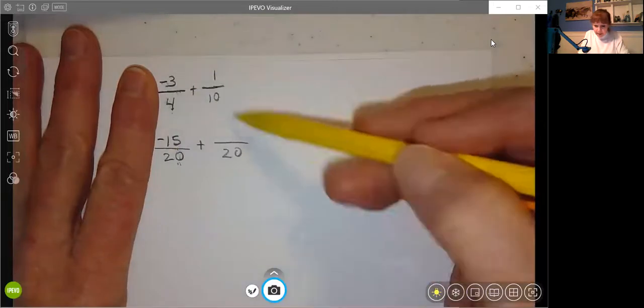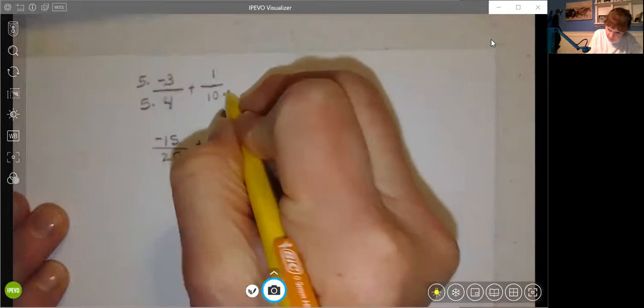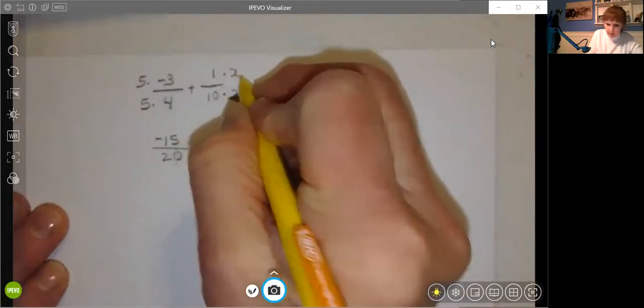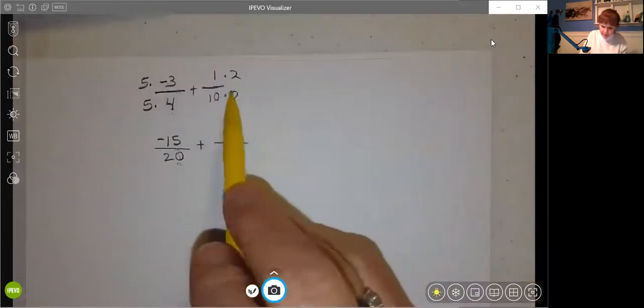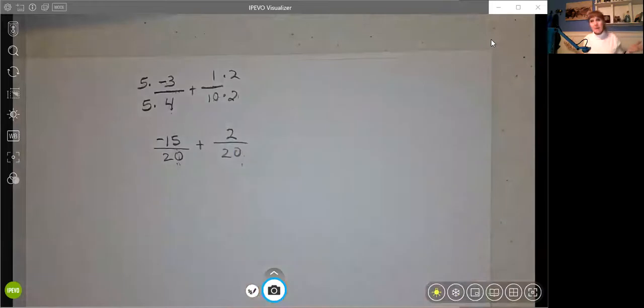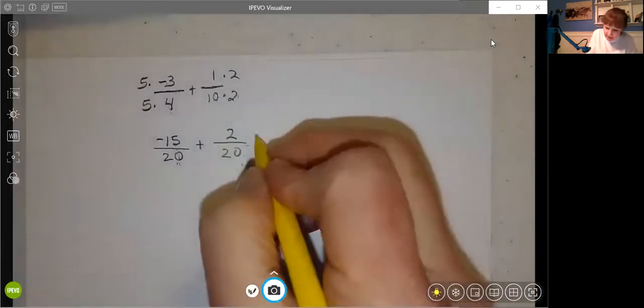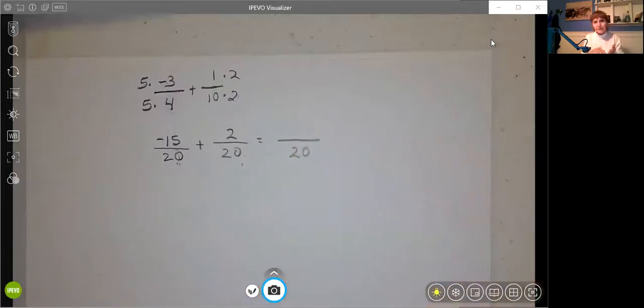To go from 10 to 20, I multiply by 2. So you always match, it's 2 over 2. So 10 times 2 is 20, 1 times 2 is 2. So now I have the same pieces. The size of my pieces are 20ths, and I have a negative 15 plus 2, which is a negative 13.